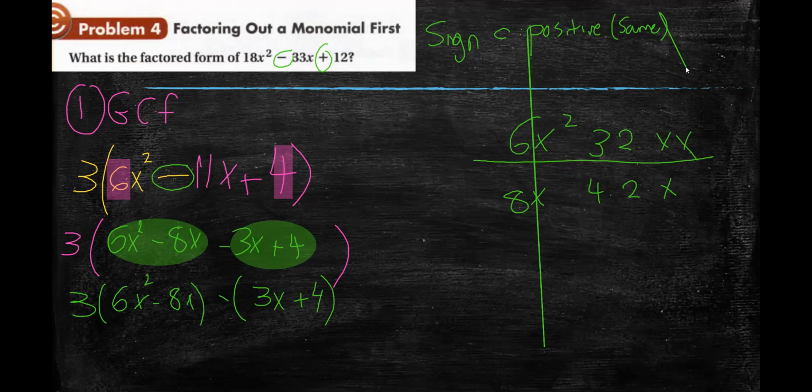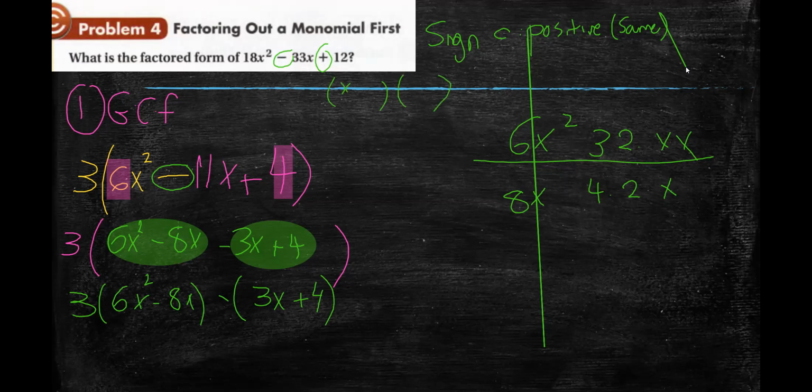Look at the sign of C. If it is positive, it means we have same sign. Same sign of what? Look at B. Since the B here is negative, I have same negative. Here now, you open two brackets.